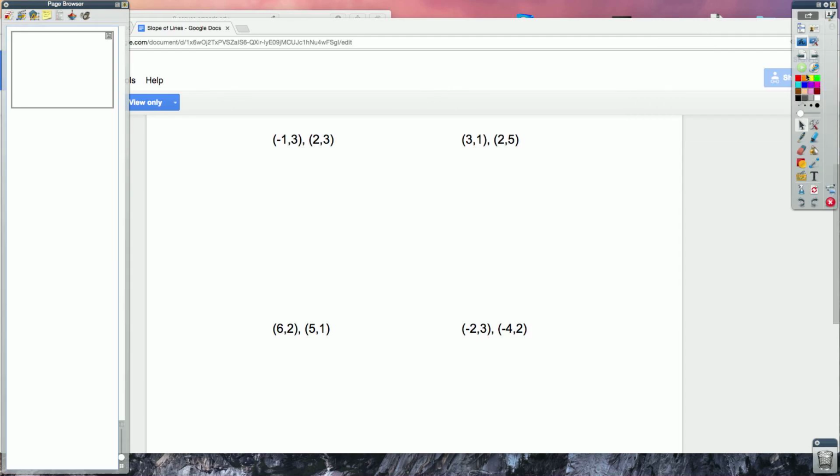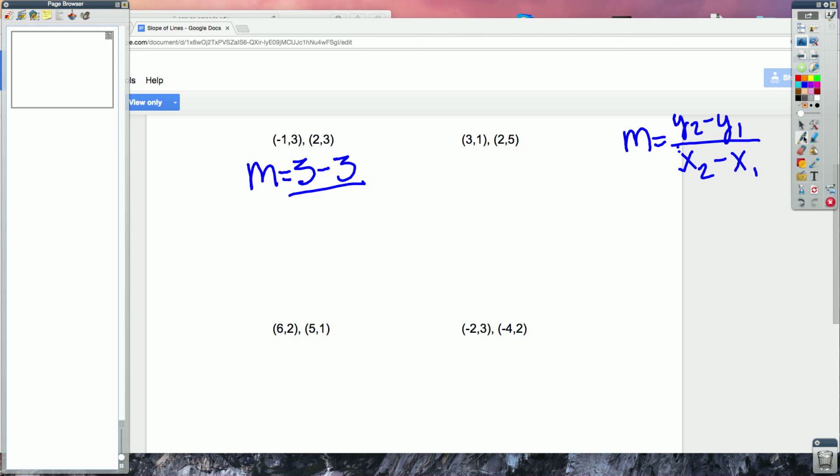Okay, so we need to remember m equals y2 minus y1 over x2 minus x1. So we have m equals y2, which is 3, minus y1, which is 3, over 2 minus negative 1.